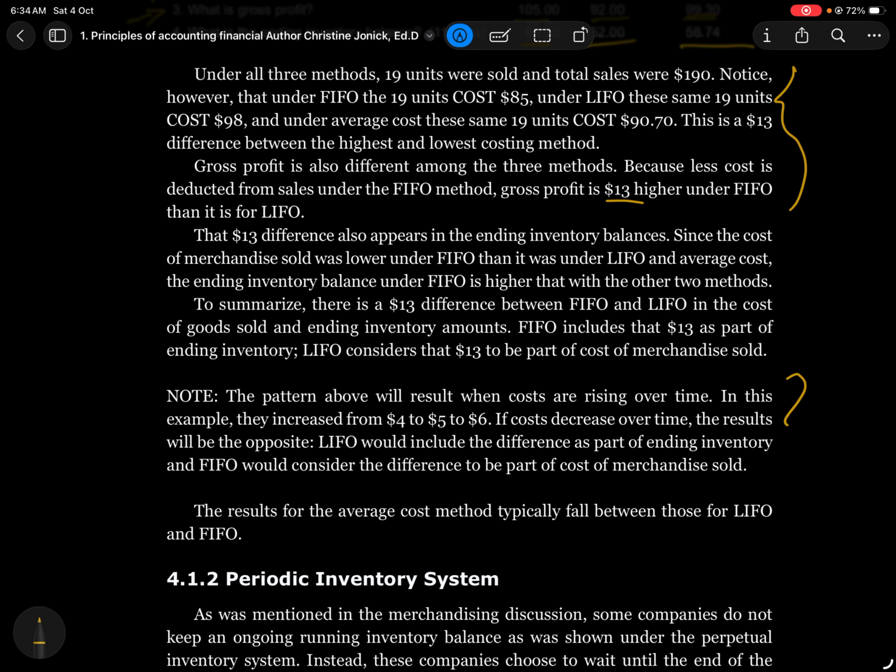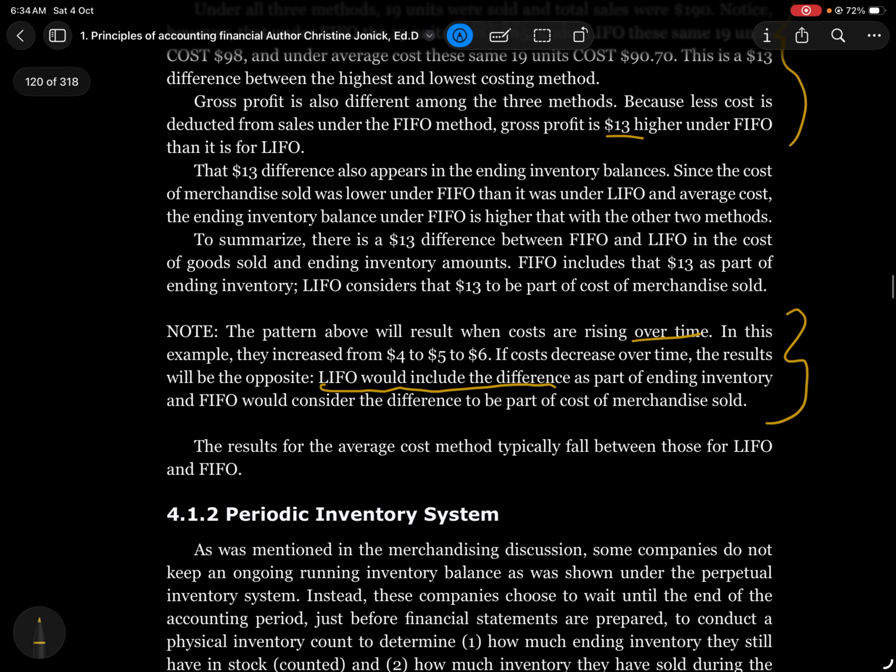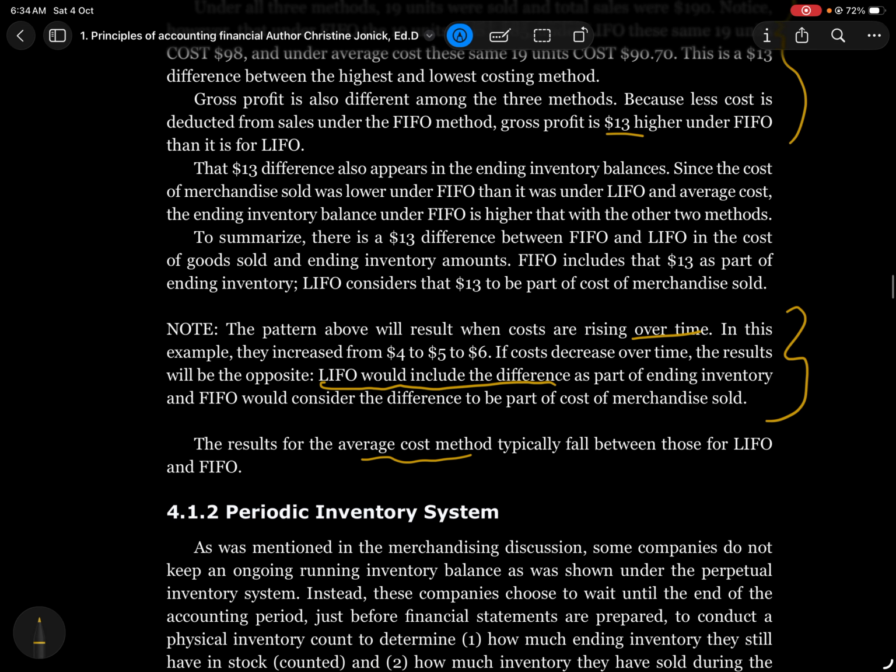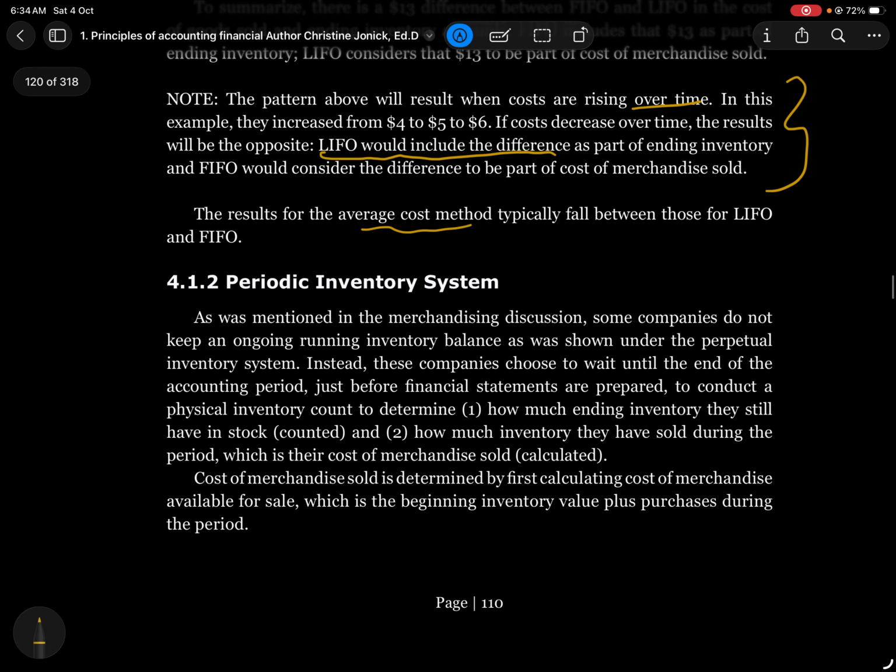As I mentioned, when the costs are rising over time, FIFO would win. Otherwise, if it is decreasing over time, the LIFO method gives a higher profit. So the average cost method is basically between the two.